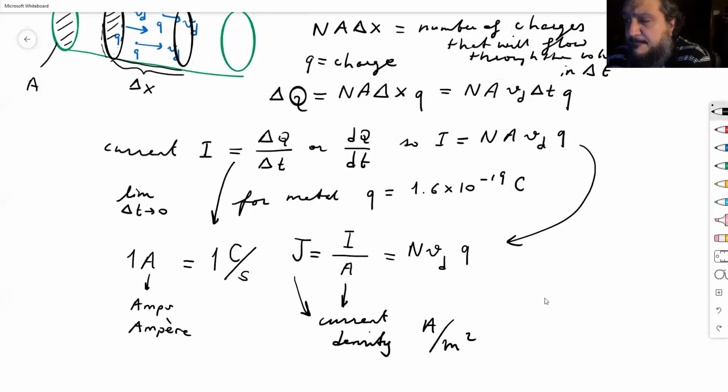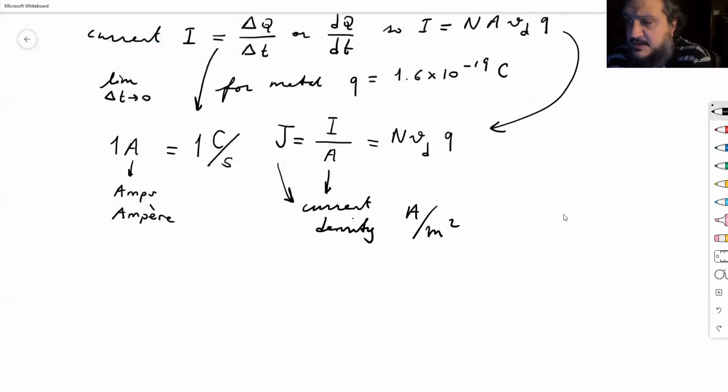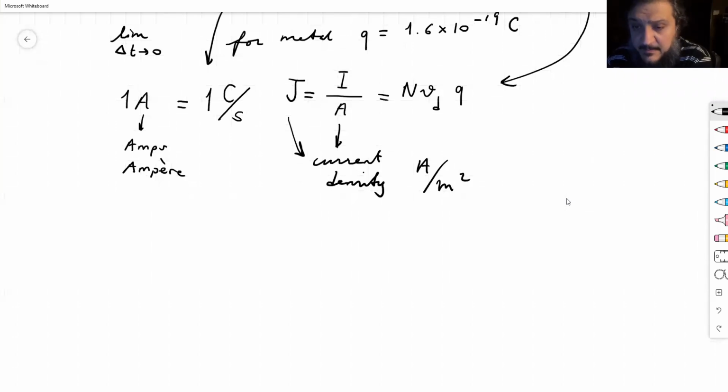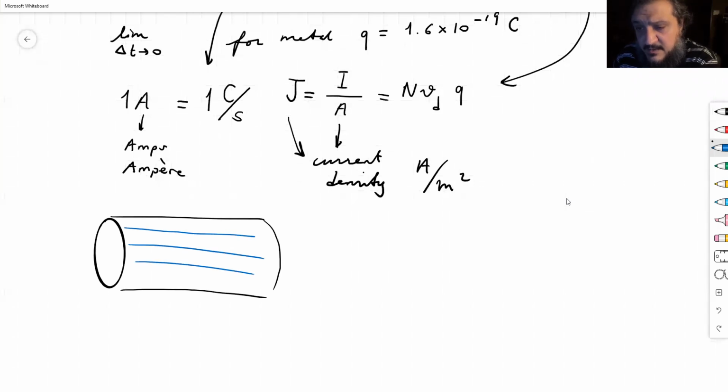Now, remember, we started with electric fields, and in this case the electrons were the charge carriers. What if it was a positive particle? How differently would the current be defined? You don't really need to change the definition, but I'm going to show you something about how to find the direction of the current.